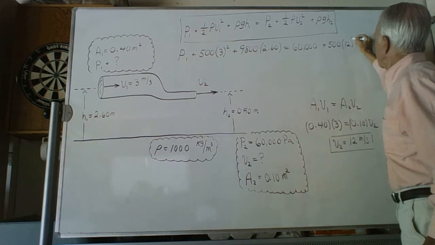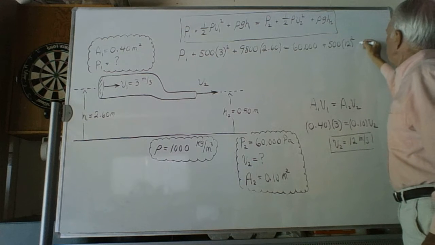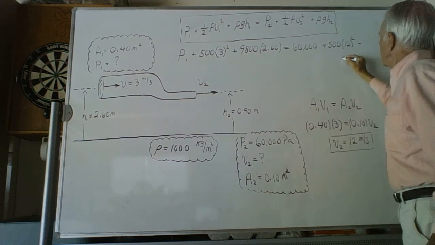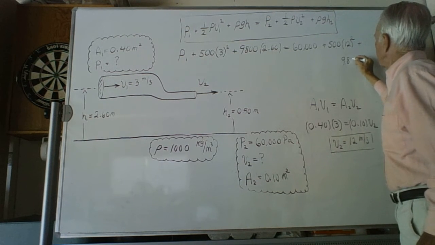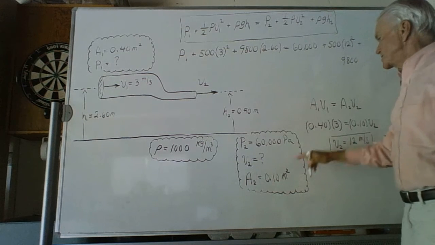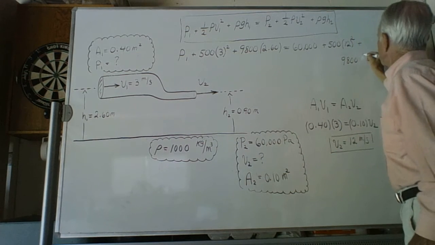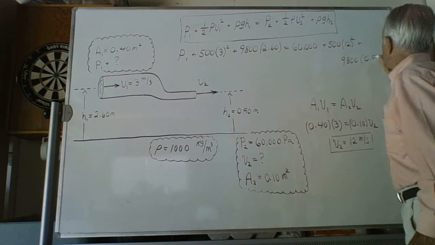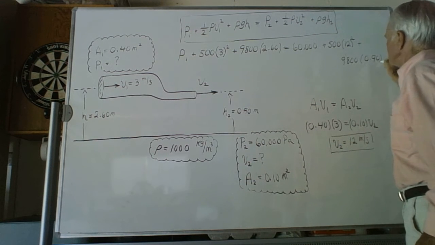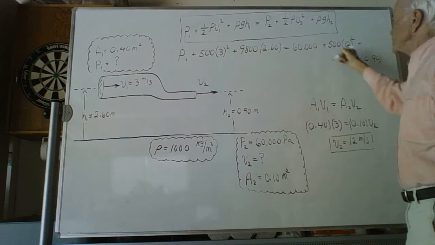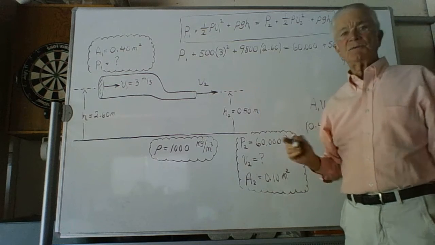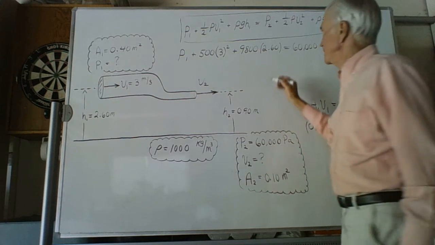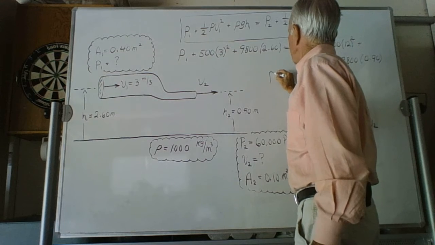It gets squared. And then you have plus 9,800 times H2, which is 0.90, drop the units. That one equation has just one unknown, P1. I'll solve now for P1.